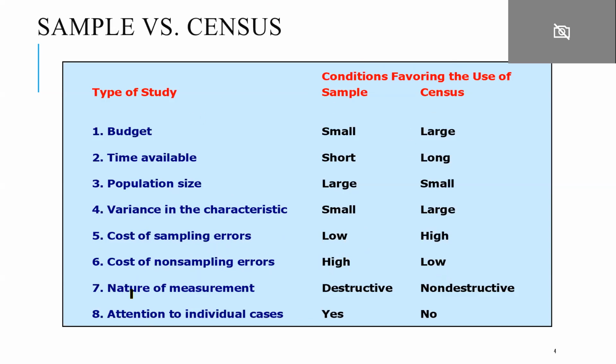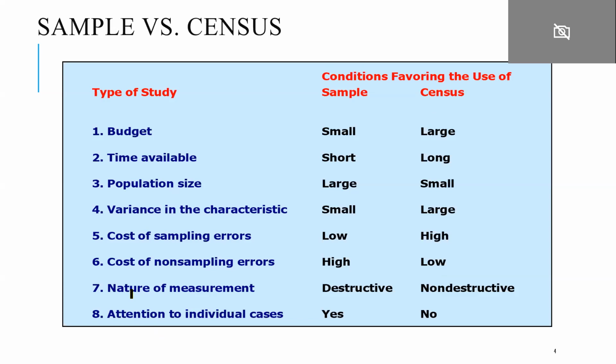Nature of the measurement, which is destructive or non-destructive. Let's consider an example, like blood testing. At the time of blood testing, you give a small amount of blood to the doctor or the lab technician.